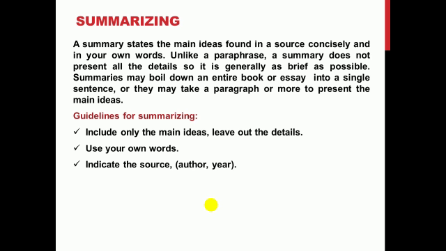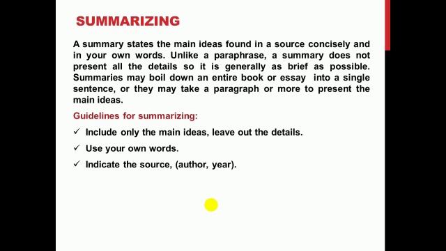Some guidelines for summarizing include: only the main ideas, leave out the details, use your own words, and indicate the source, the author, and the year. Of course, after paraphrasing, I have to indicate the author and the year. After summarizing, I have to indicate the author and the year.